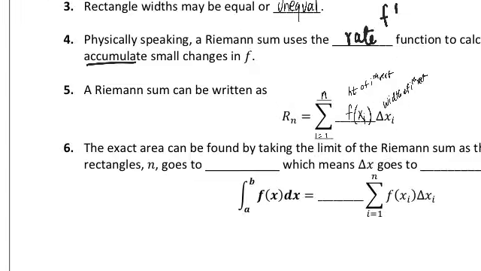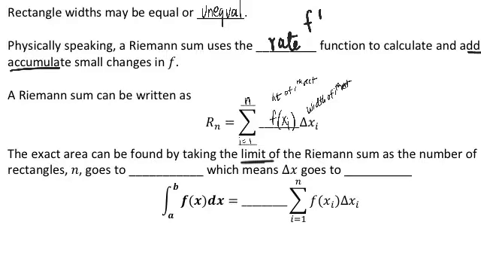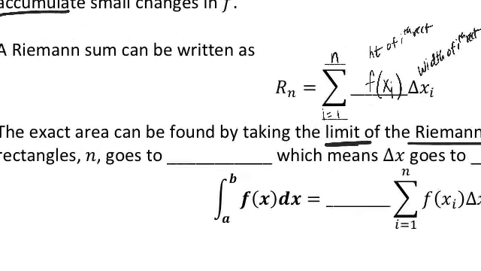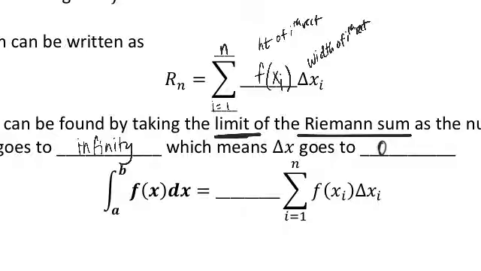The exact area can be found by taking the limit of the Riemann sum as the number of rectangles n goes to infinity, which means delta x goes to 0. It's like saying I have so many rectangles that each one is kind of like a matchstick, with no width.